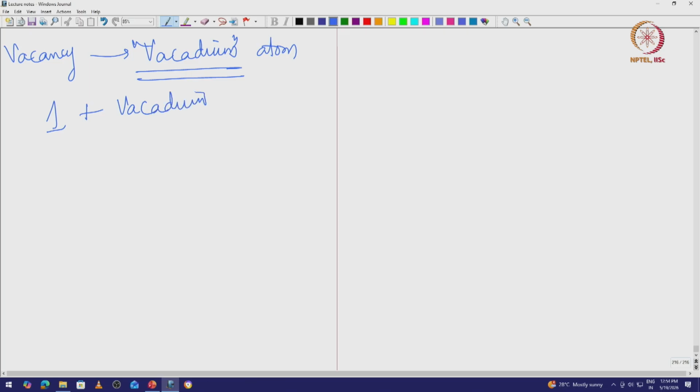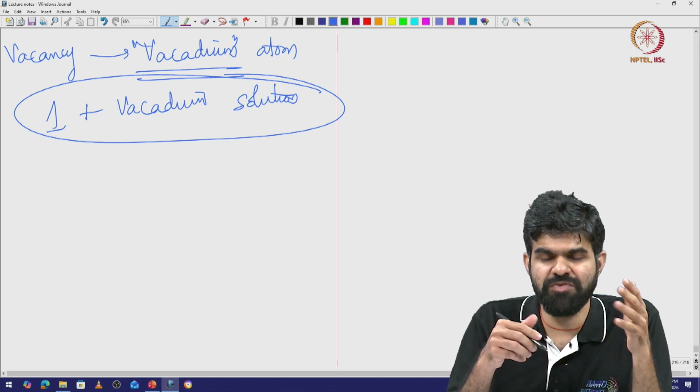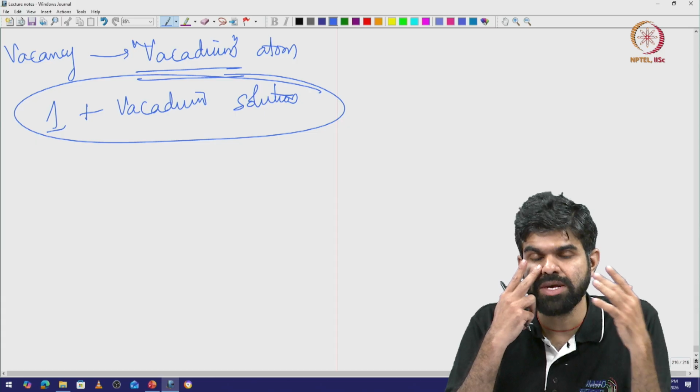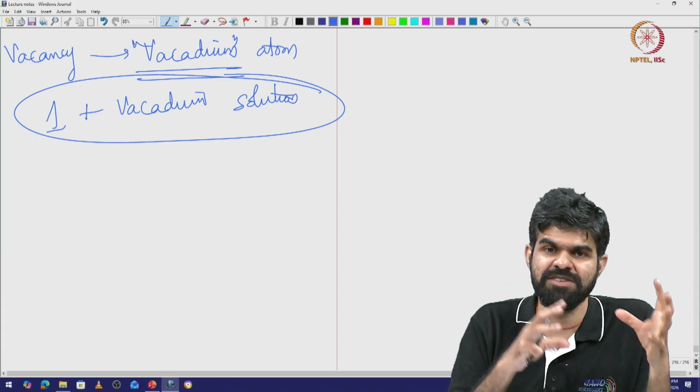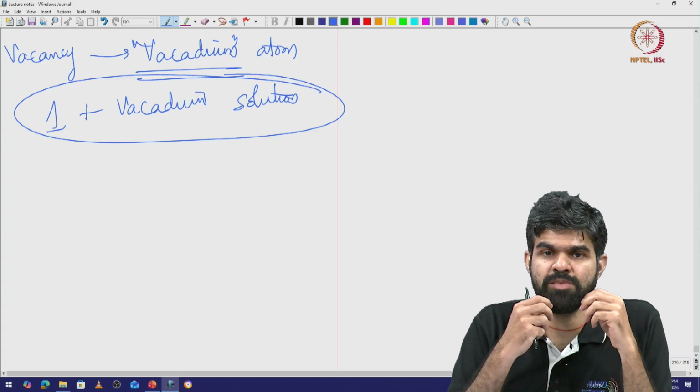Species 1 can be platinum, whatever. So, pure metal, one of the pure metals, and a Vacadium solution. So, I am going to look at the solution of species 1 and Vacadium, so Vacadium is like my species 2. Species 1 can be platinum, it can be palladium or something like that.